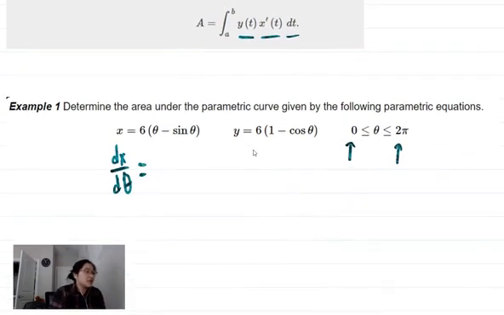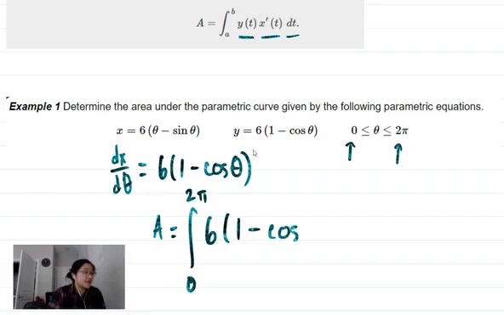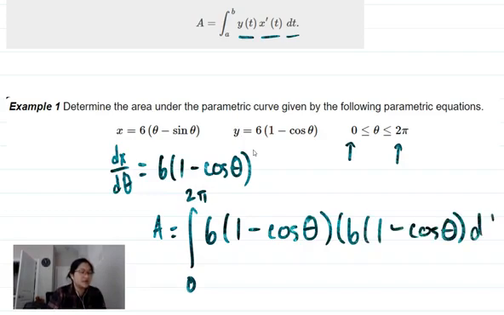And that's going to be 6 times (1 minus cosine theta). And so our area is going to be the integral from 0 to 2 pi of 6 times (1 minus cosine theta) times 6 times (1 minus cosine theta) d theta. And parentheses there.